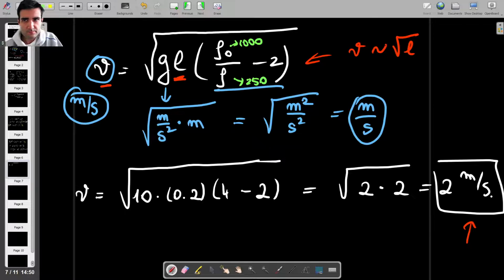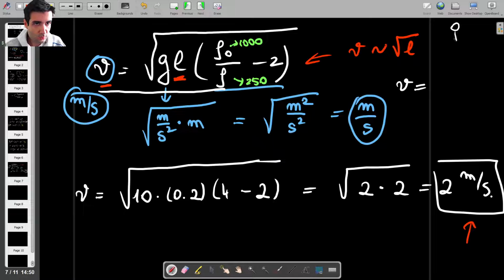Also, if you have done enough physics problems in the past, you would have noticed that this result looks very similar to the result of velocity when you drop an object from a certain height. When you drop an object over a certain height, the velocity at the bottom of the drop is going to be the square root of 2gh.